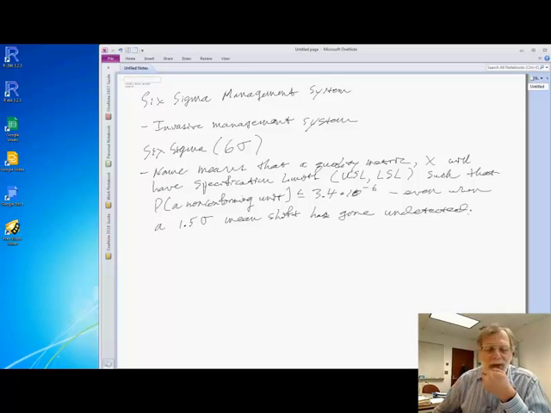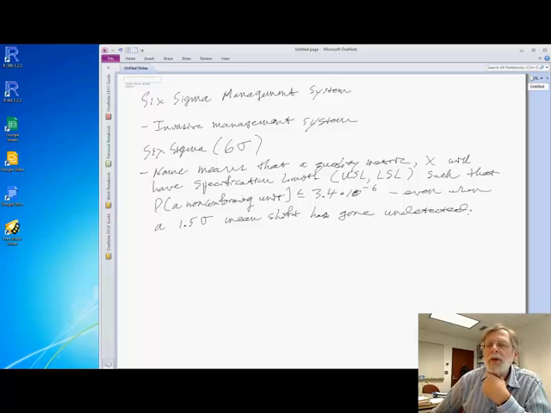So, in words, what is being said is the production line is so good that the specification limits, having been given by engineering, are almost never exceeded.